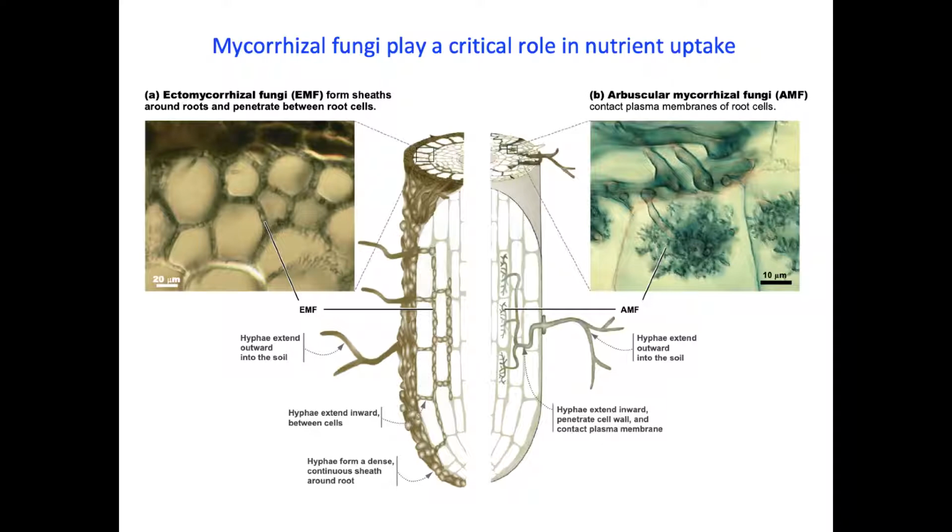In contrast, arbuscular mycorrhizal fungi penetrate in and connect to the plasma membrane of each of the different cells. So they've gone beyond the cell wall onto the plasma membrane, but they do not penetrate into the plant cell. And again, the hyphae extend outward into the soil for the purpose of taking up nutrients. Two different approaches, the same symbiotic interaction.